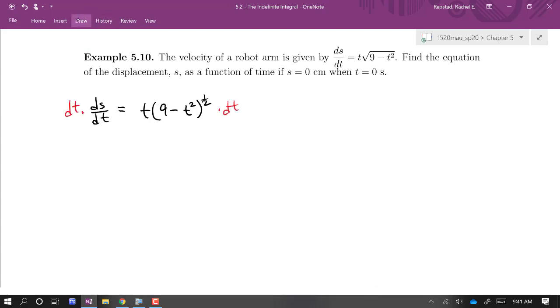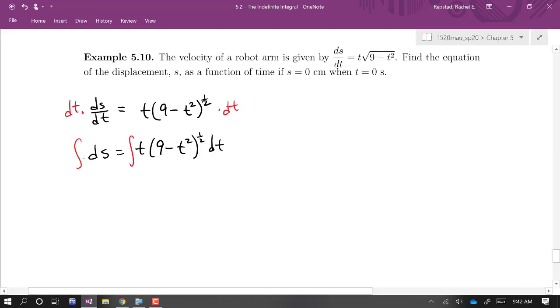And now we're going to integrate both sides. So on the left, if I integrate the derivative of s, we get s, or integrate 1 with respect to s. On the other side, we have this integral.